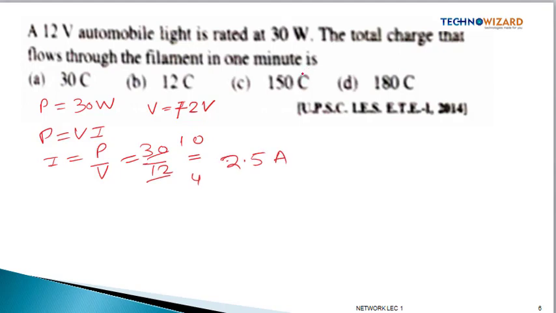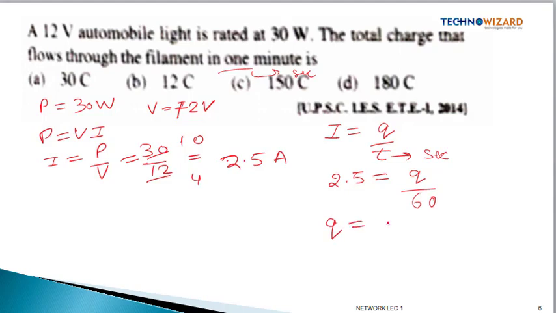Now they are asking total charge. So we know that current is equal to charge flowing per unit time. So we know that current is 2.5 ampere. We need to find out the charge in time. The SI unit of time is seconds, so we need to convert 1 minute into seconds, right? 1 minute is equal to 60 seconds.